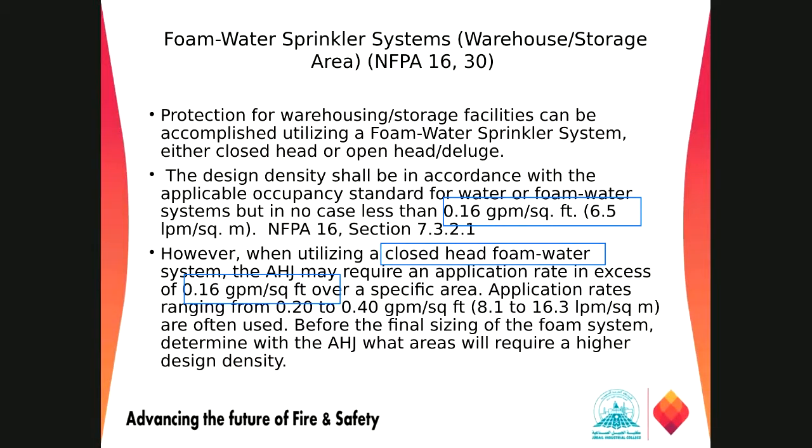Before the final start of the foam system, we have to contact the authorities having jurisdiction, the ones responsible for those space protections. We have to finalize the size based on that.